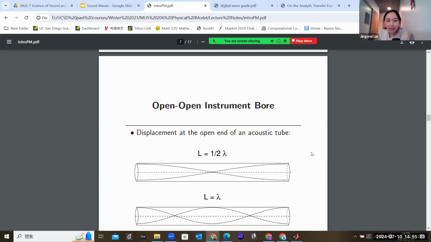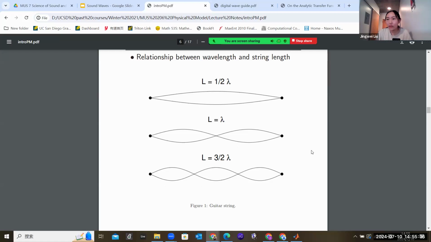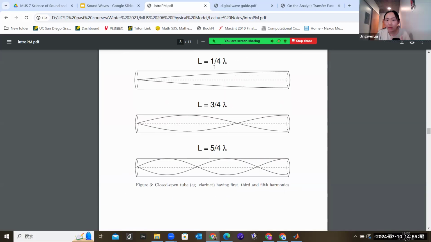I hope it's somehow clear. The idea of physical modeling has existed for maybe hundreds of years. But recently, because of the invention of digital computers, and because we want to play sound through computers, one way of doing this is something called physical modeling, where we imitate how instruments make sound and music, simulate that using the computer, and make instruments using computers.